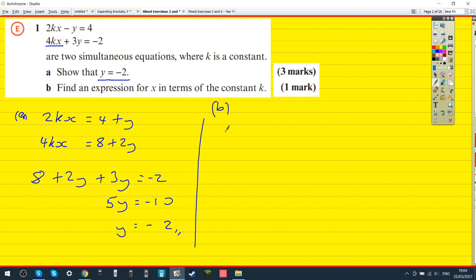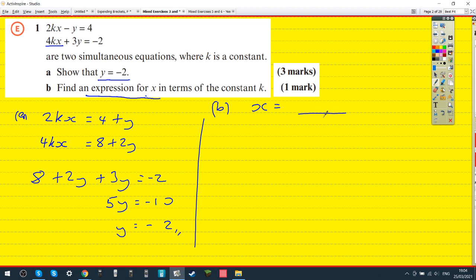So when it says a constant, does it mean it wants an equation? It means k is just a number. So it's not like a variable like x or y. We just don't know what number it is. Basically, if we want an expression for x, they want x equals, but instead of it being like y equals minus 2, it'll be x equals something to do with k.